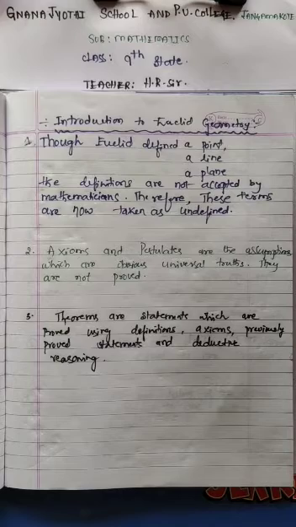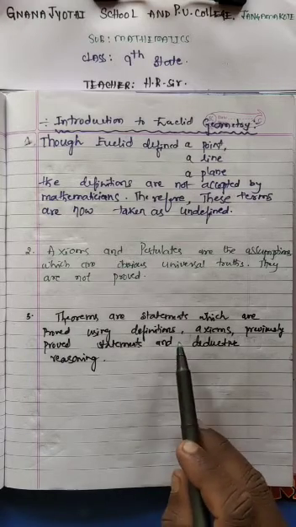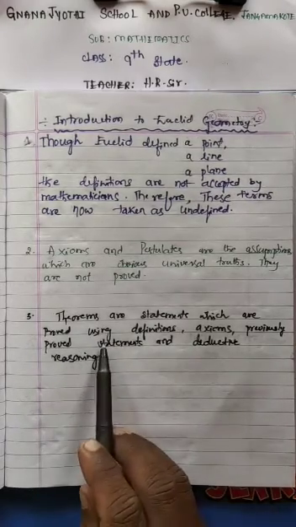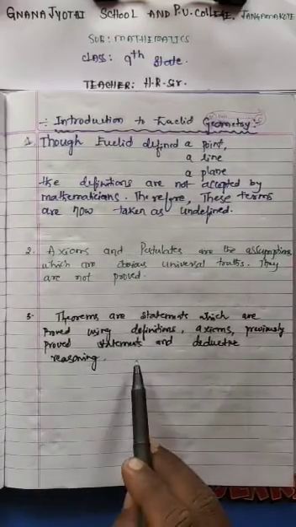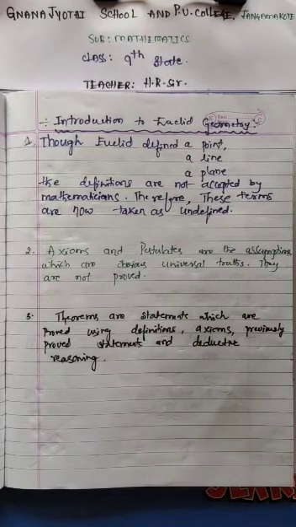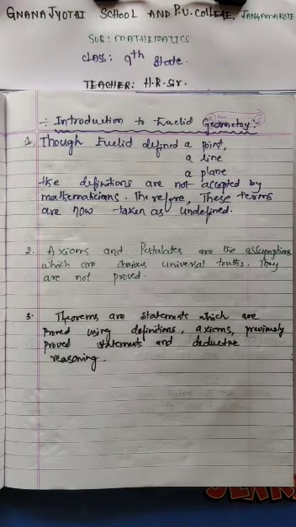Next we have theorems, which are statements proved using definitions, axioms, previously proved statements and deductive reasoning. After Euclid stated his postulates and axioms, he used them to prove other results.